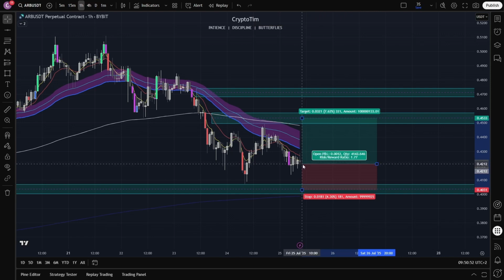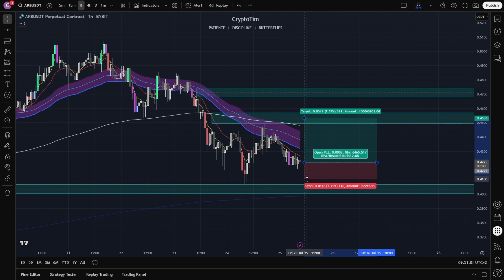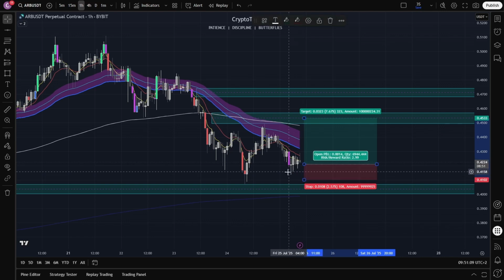Entry wise, honestly, an entry somewhere around current market price should be okay with our, let's see, maybe a bit lower, with our stop loss below these higher lows.